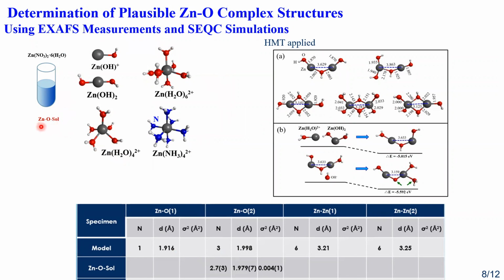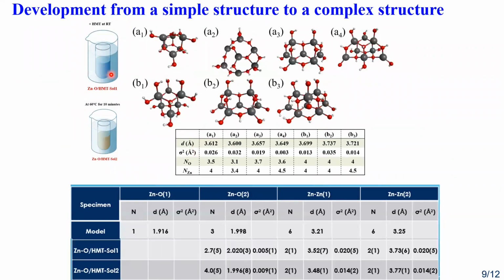In the zinc oxide solution, we expected about 5 plausible structures. And when we apply the HMT, there are 4 plausible structures expected by the SEQC simulations.